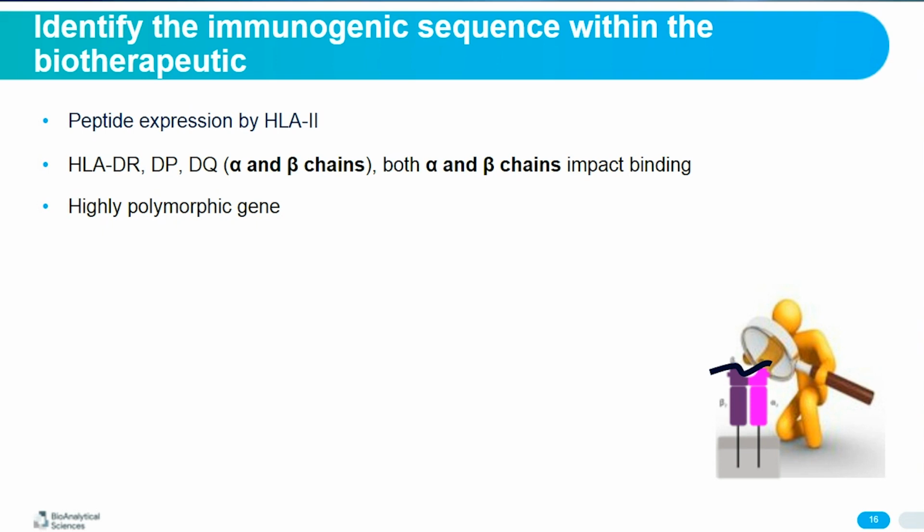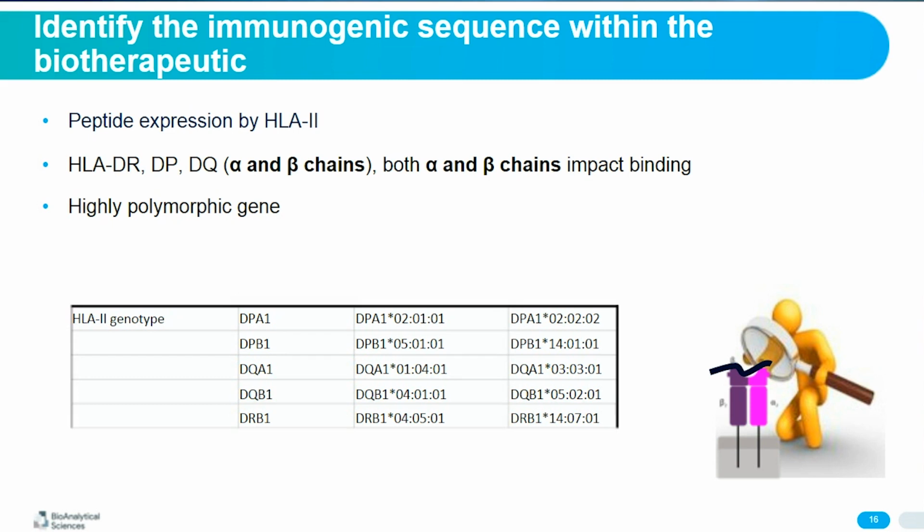And both the alpha and beta chain may impact the binding of a certain peptide to the HLA class II. Meaning that for a certain peptide, we might see different HLA class II being presented on the cell surface and presenting different peptides of our biotherapeutic.